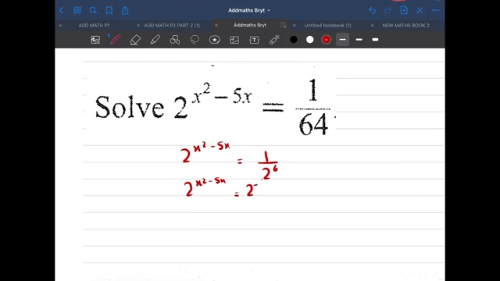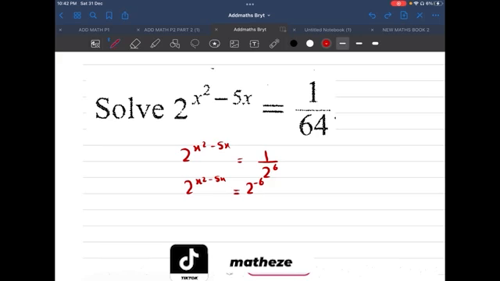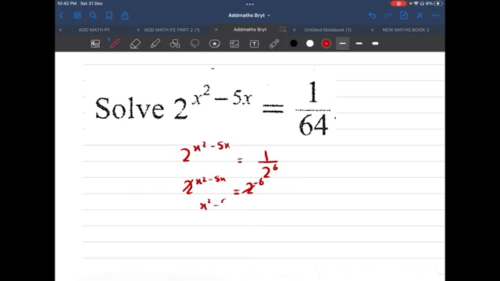So it's going to become 2 power minus 6, yes or no? Now, if you notice, on both sides of equal to the base is 2, I can cancel this directly. And it's going to become x squared minus 5x is equal to minus 6, right?